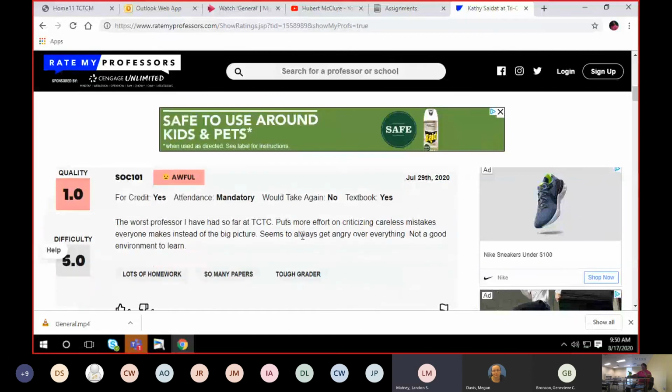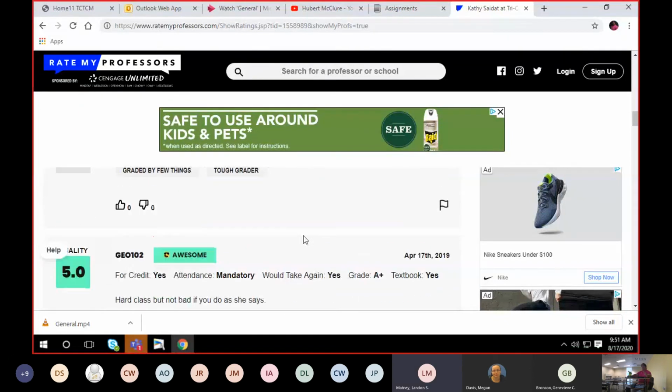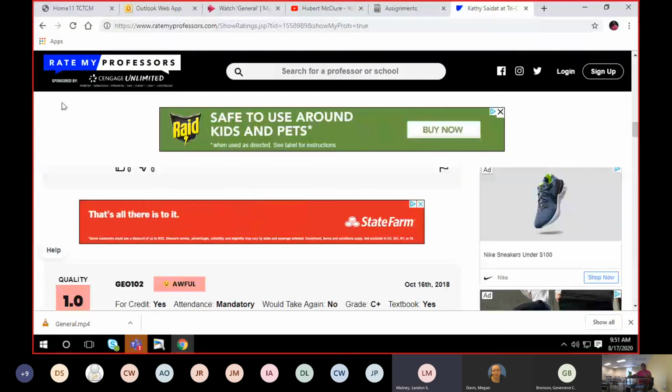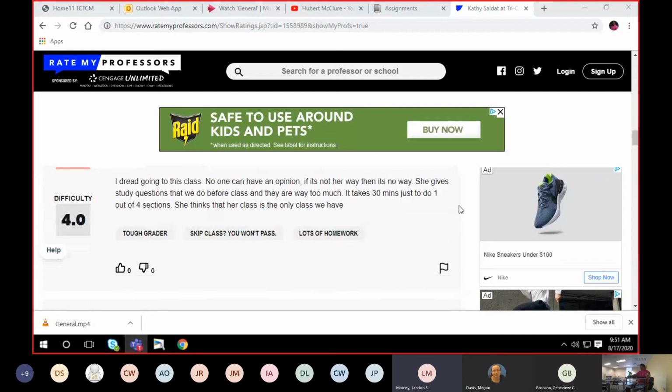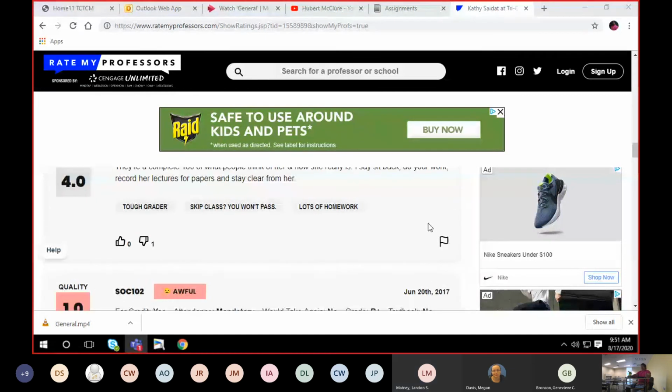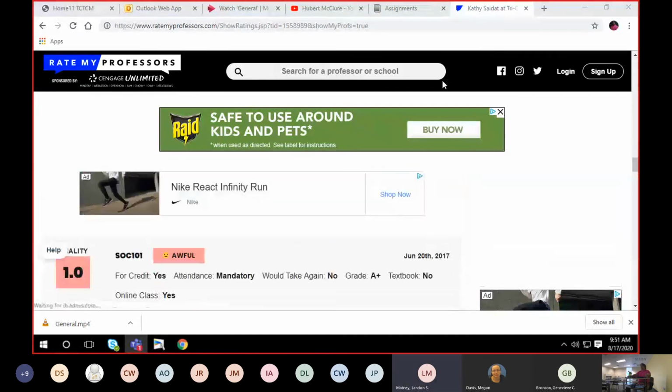I had her for a few days, spring semester last year. Yeah, I dropped her because as soon as we got in there, she started yelling at a kid for reading a Bible. You are kidding me. Nah. Shut up, Hubert. I'm not going to say anything.